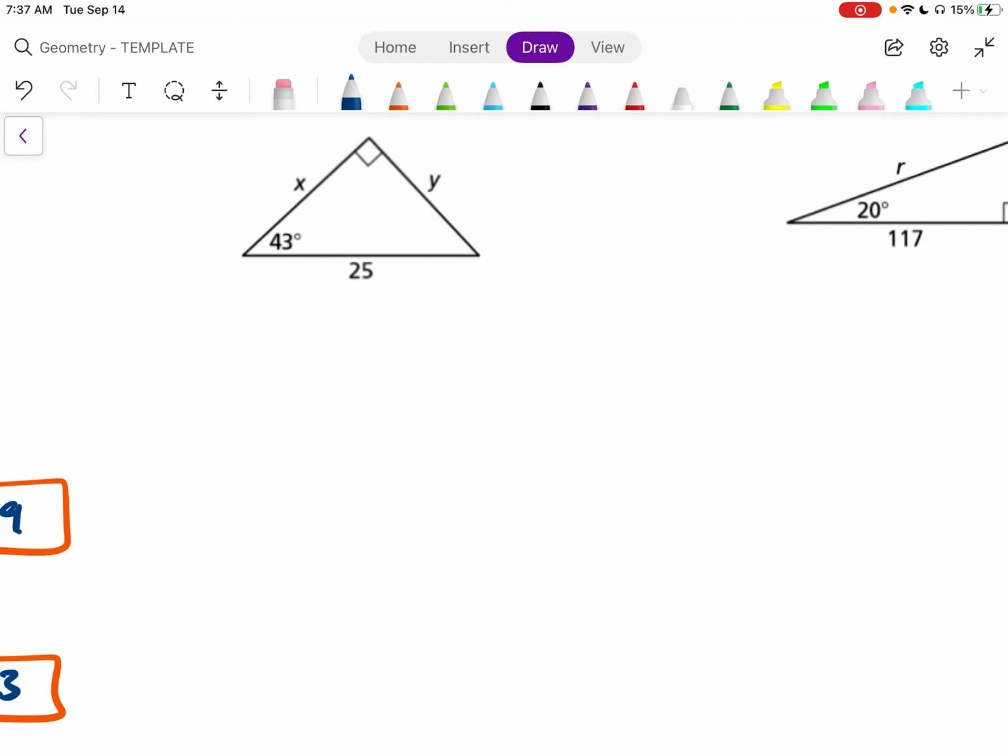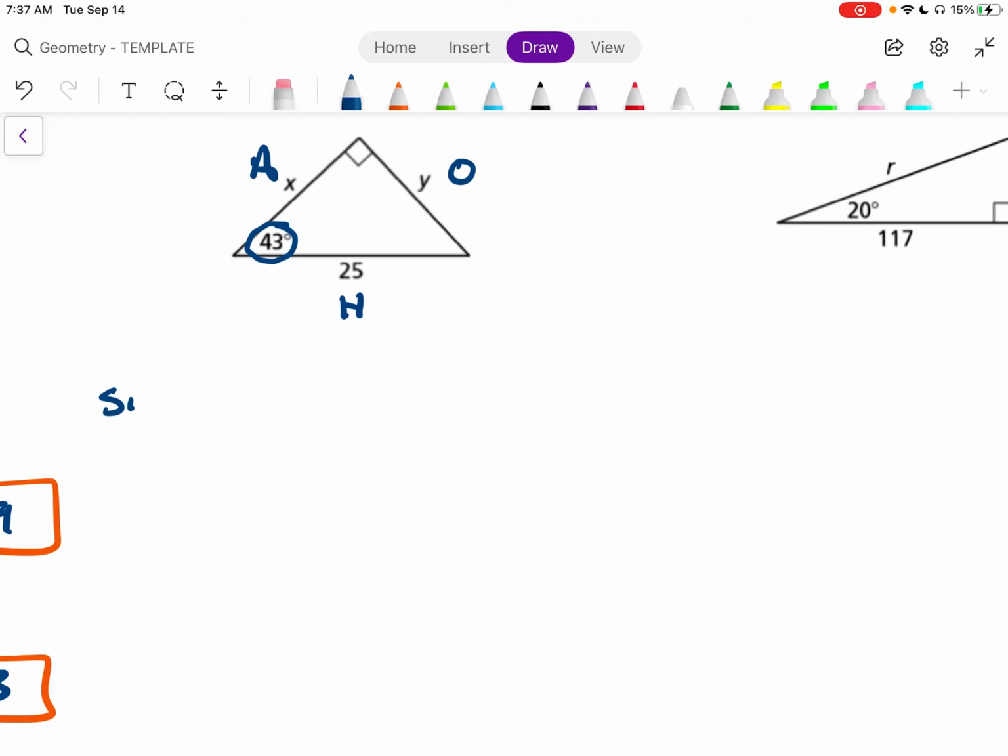We'll start off with looking at our angle. Here's opposite, adjacent, hypotenuse. I think it's beneficial to write the letters, especially for problems like this where we only have one angle. So looking at it from the perspective of the 43, we have opposite and hypotenuse. We'll deal with sine first. So sine 43 is opposite y over hypotenuse 25.